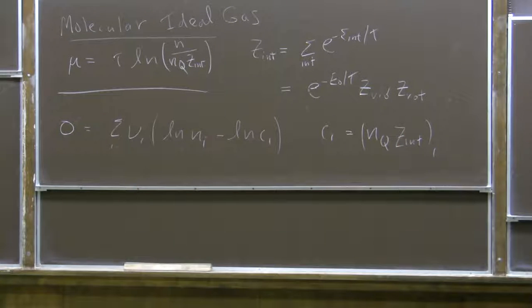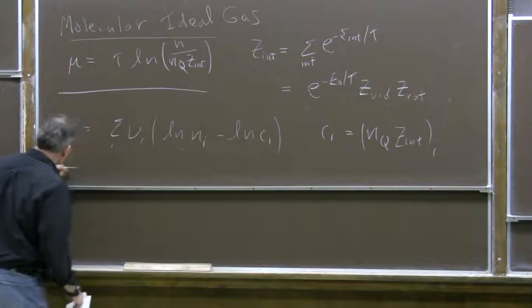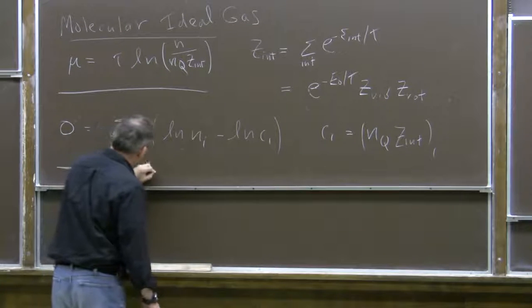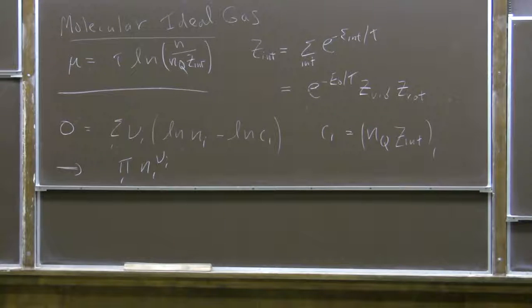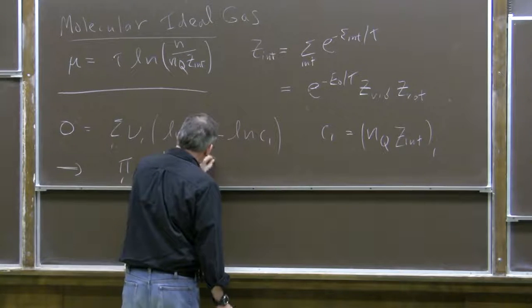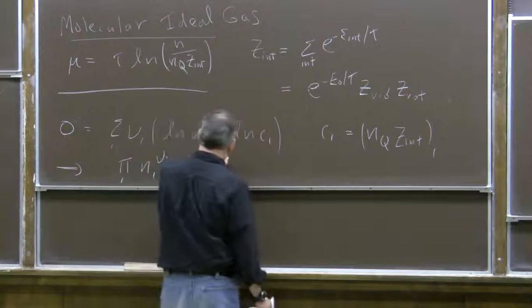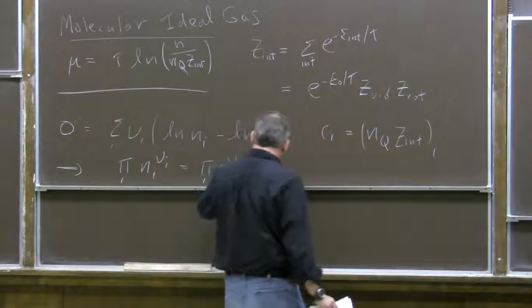So putting the log of c i on the other side and exponentiating both sides, the product over species of the concentration of species i raised to the power nu i, determined by the chemical reaction in question, is equal to the product over species of c i raised to the nu i, which is some function depending on temperature.